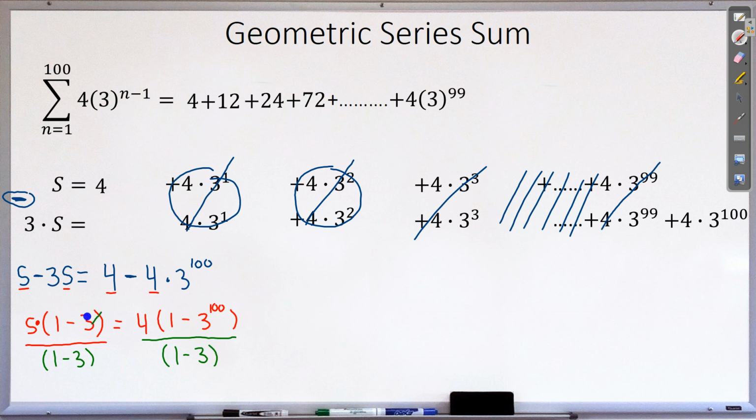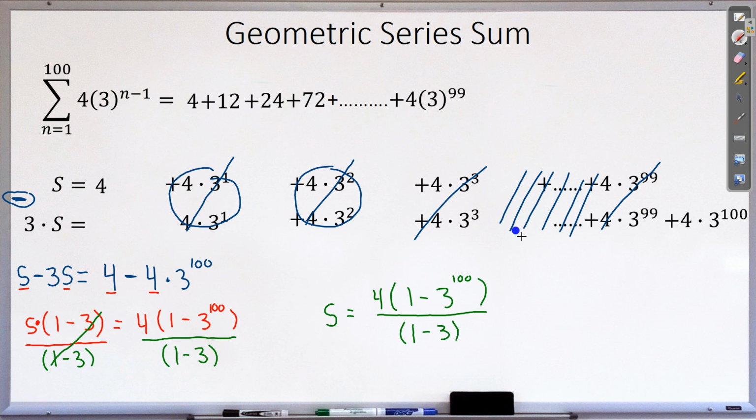So this goes away. You're left with just S on the left. And on the right, you have 4 times 1 minus 3 to the power of 100 divided by 1 minus 3.